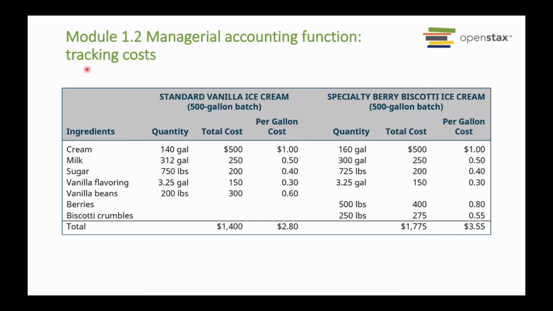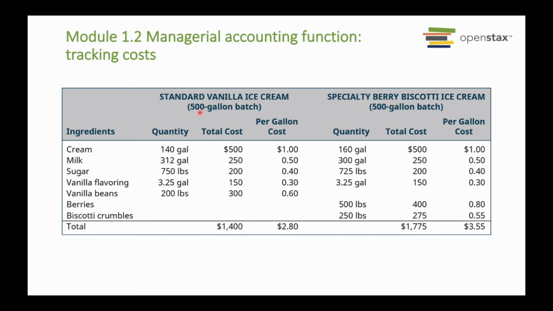This is an example of a typical report that is prepared by the management accountant, and the objective of this report is to track costs. This company produces 2 types of products, a vanilla flavored ice cream and a berry flavored ice cream. This report card is for producing 500 gallons of vanilla and 500 gallons of berry.